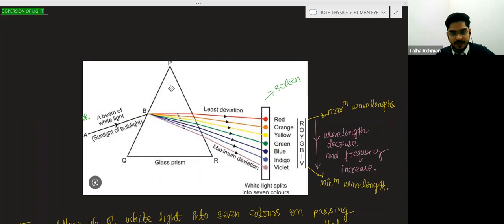Copy this, Martin. First draw the triangle and draw the light, and split this white light into 7 colors. After that, draw a screen here and show red, orange, yellow, green, blue like this.